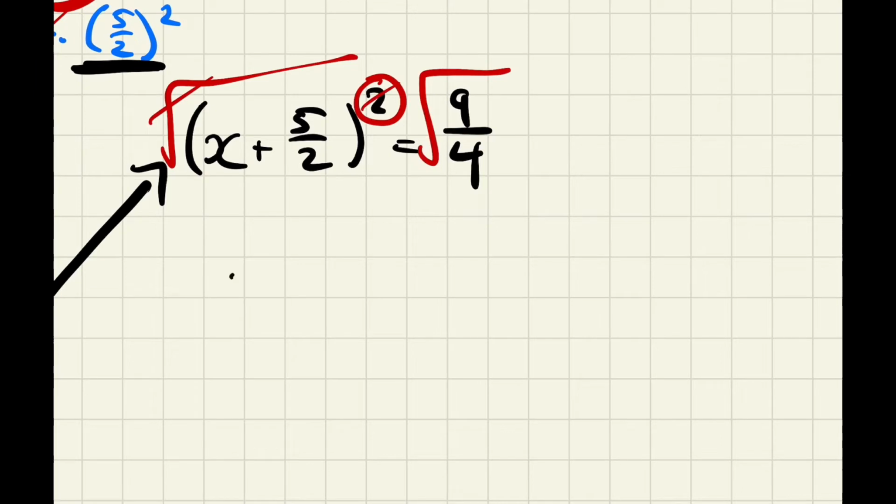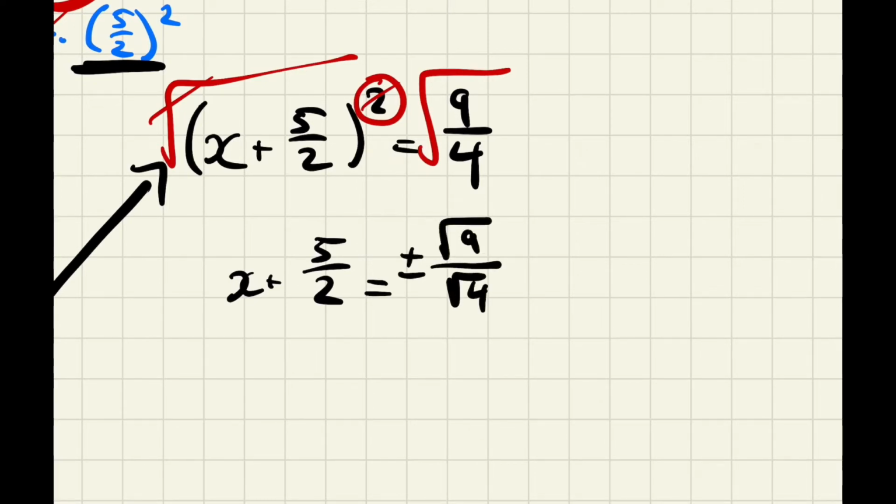So we'll just end up with x plus 5 on 2 is equal to the square root of 9 on 4. All we do is take the square root of the top and the square root of the bottom. Of course, remembering to add plus and minus in there as well. And when we do that, our answer is going to be plus minus, square root of 9 is 3, and square root of 4 is 2.